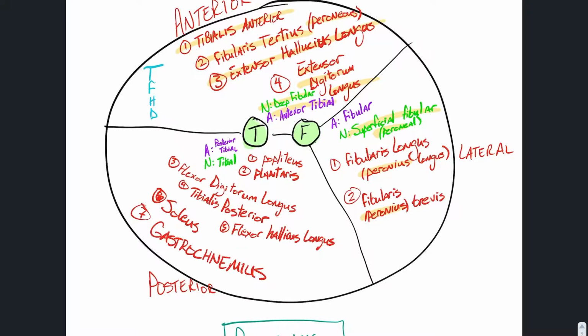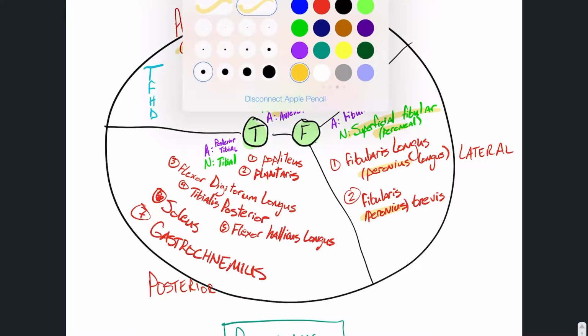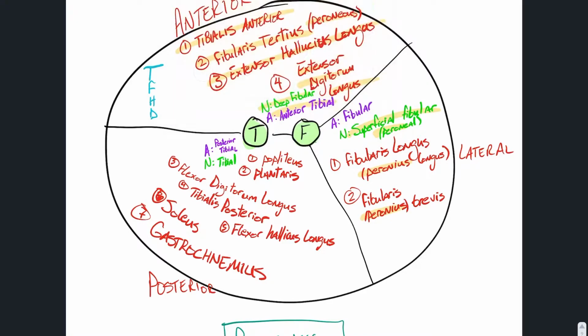Our last section comes to the posterior portion of the right leg, and we have 7 muscles in this section. Number 1, most inward part by the fibula, the popliteus. What does the popliteus do? It unlocks the knee. And moving outward, we have the plantaris.